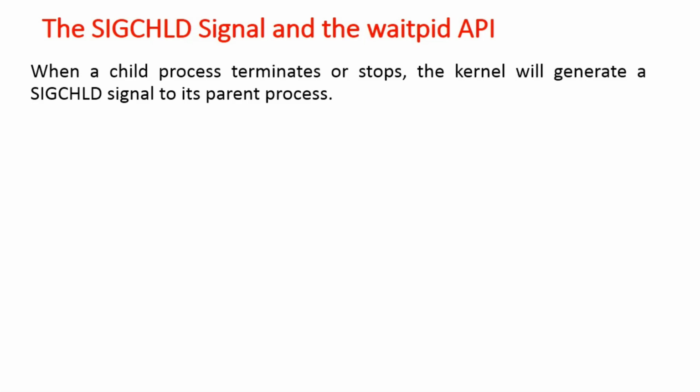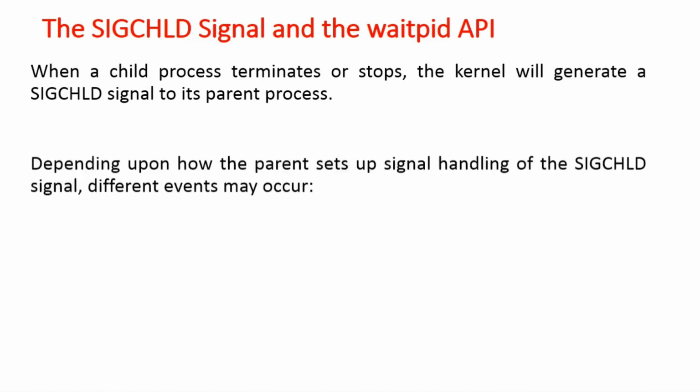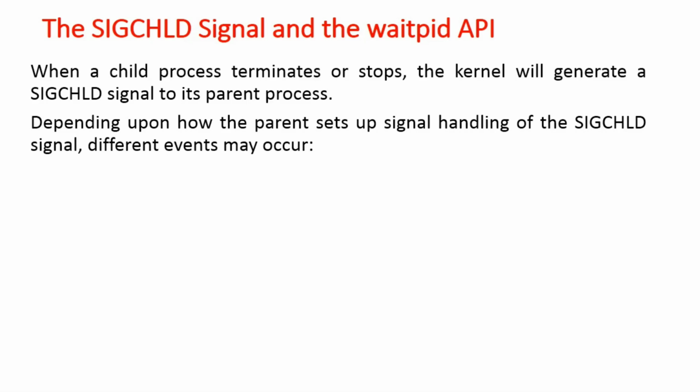When the child process terminates, one signal will be sent to the parent process, that is the SIGCHLD signal, indicating that the child process is going to terminate. Depending upon how the parent sets up signal handling of the signal SIGCHLD, now how is the parent going to handle the signal generated by the child.